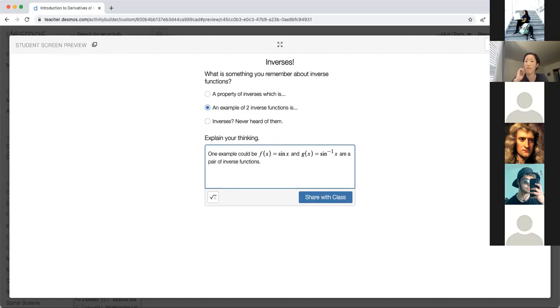Anyone else have a specific example of an inverse function? Yep, we could do that with any of the trig functions. We could replace sine with cosine, that would still work. We could replace this with tangent and inverse tangent, that would still work.